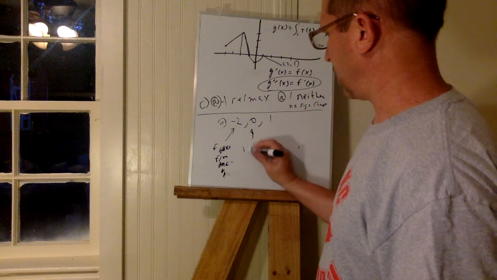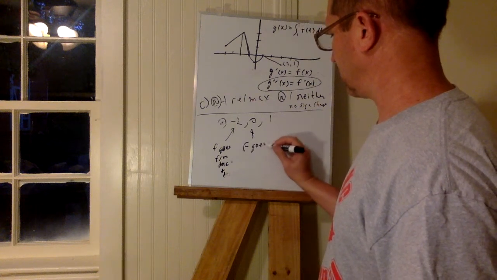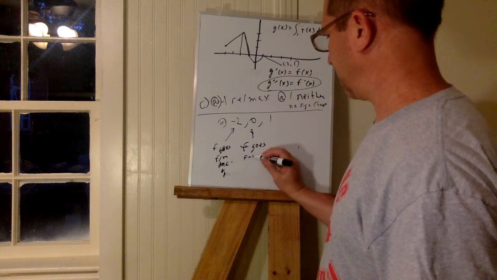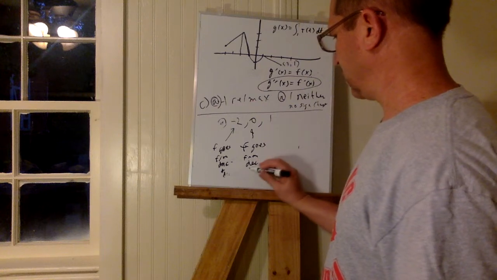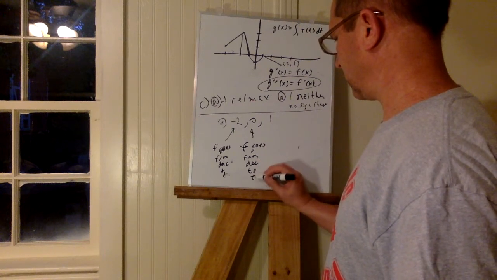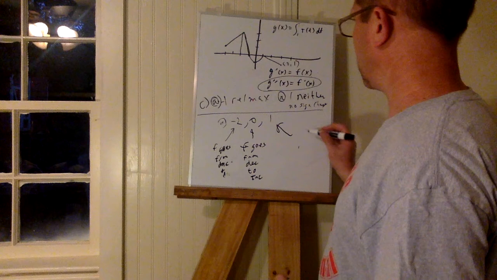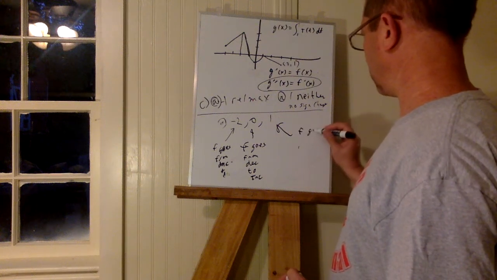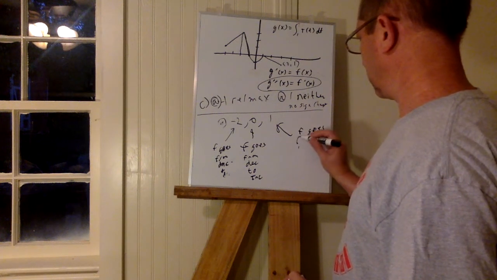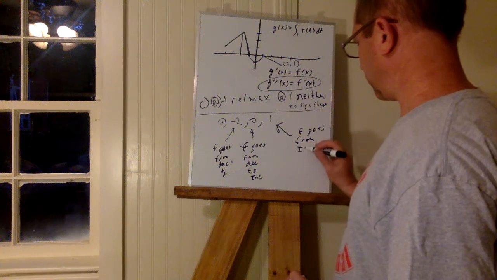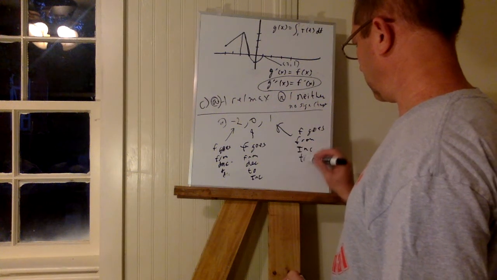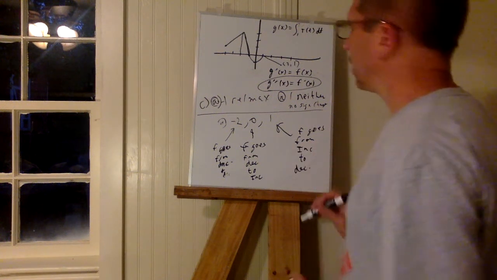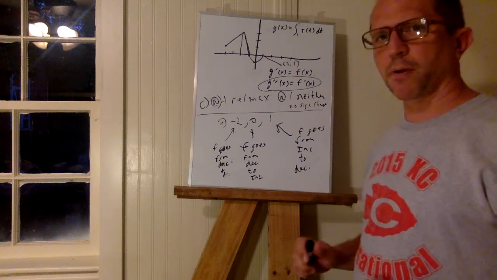At 0, f goes from decreasing to increasing. And at 1, f goes from increasing to decreasing.